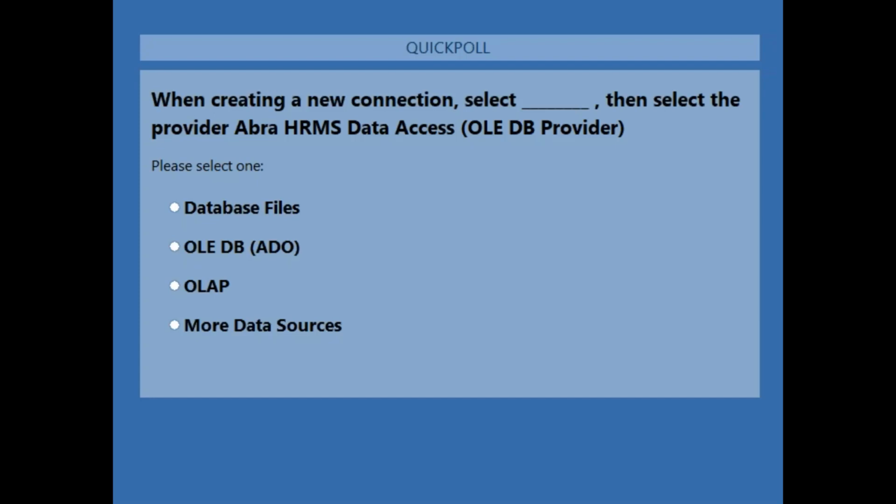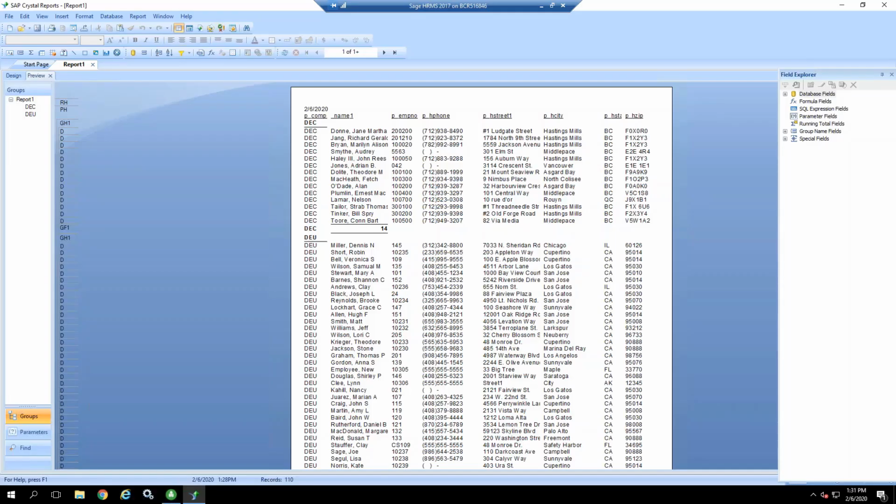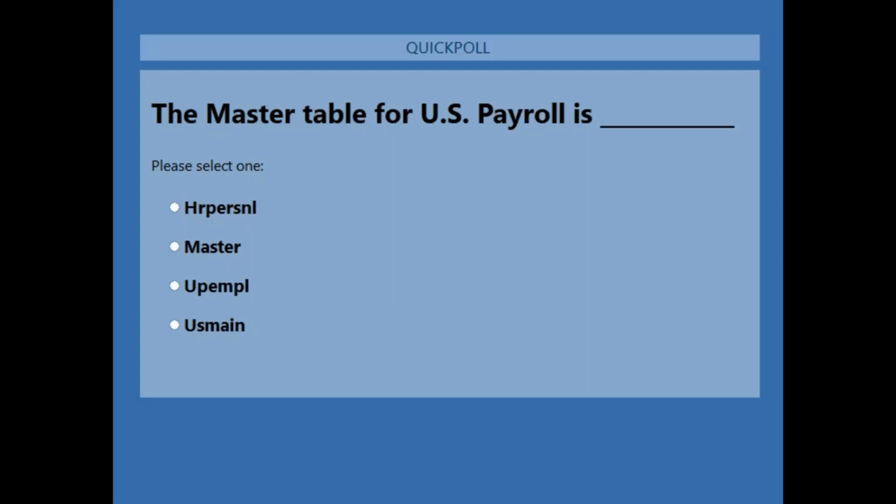The correct answer is OLEDB-ADO. The third question, what is a master table for US payroll? Don't get tricked here. I haven't demoed this one yet, but we've talked about it. The correct answer for the master table for US payroll is UPEMPL.